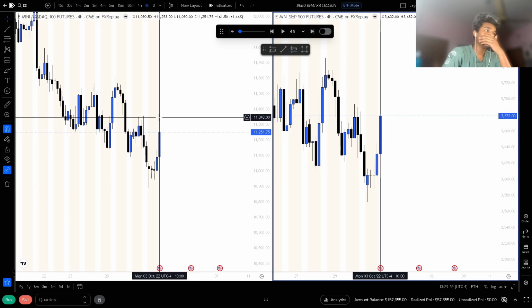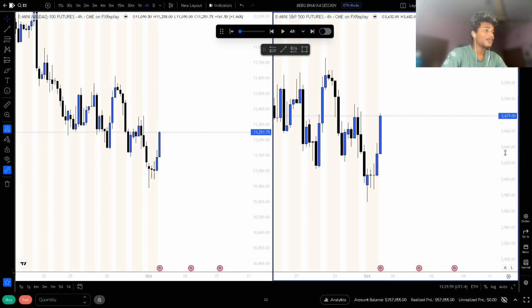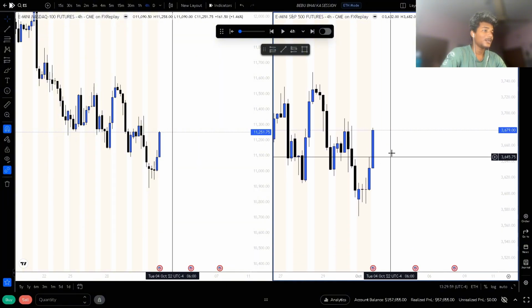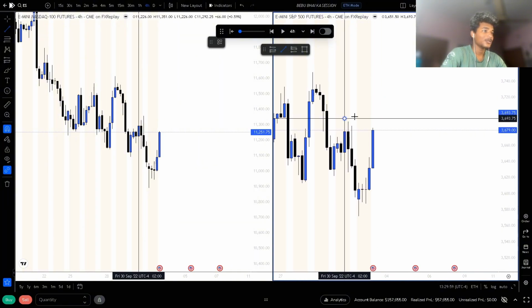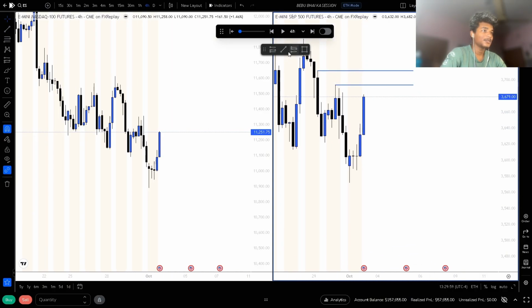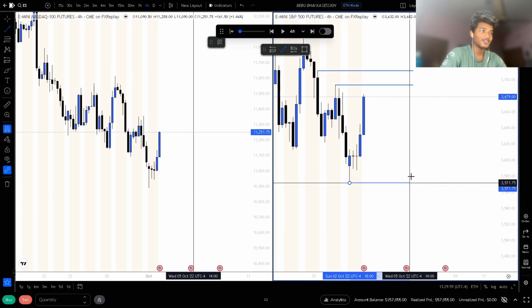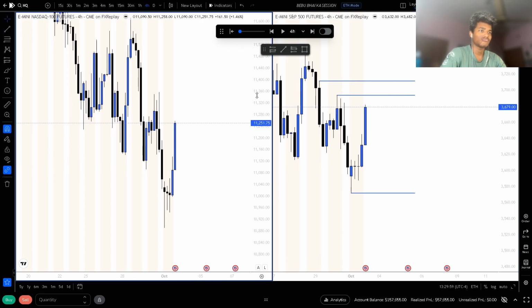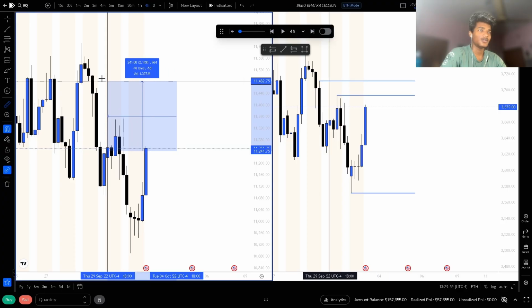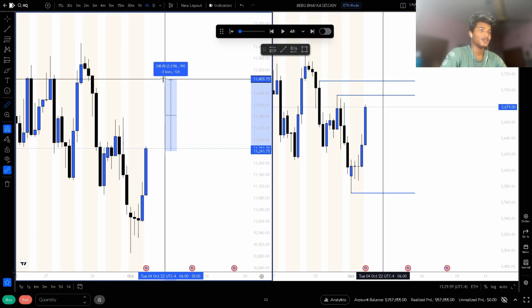So in the 4 hour we can see that the market is moving up higher and currently the main draw for the market is gonna be this high and this 4 hour unmitigated gap here. We still have this low intact, but I want the market to actually push higher and tap this gap.